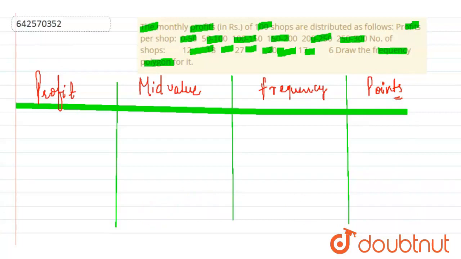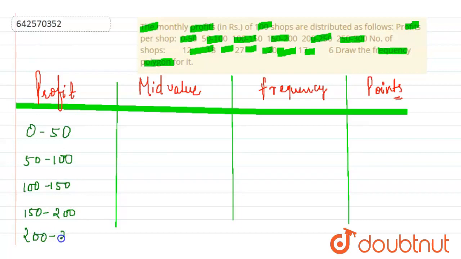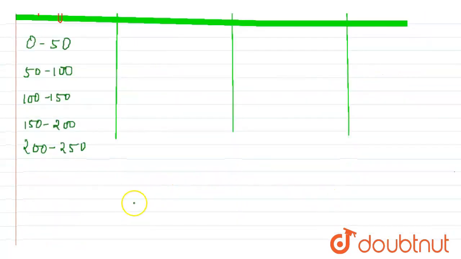Okay, so now the very first thing is the profit from 0 to 50. So we have to find out the mid value. For finding the mid value, first we will write down all of the profit values: 0 to 50, 50 to 100, 100 to 150, 150 to 200, 200 to 250, and 250 to 300.